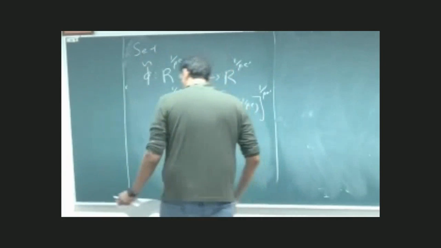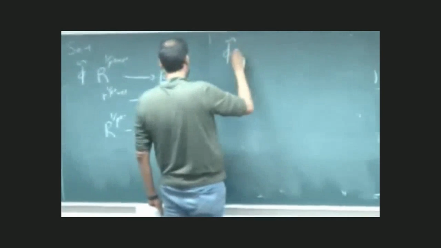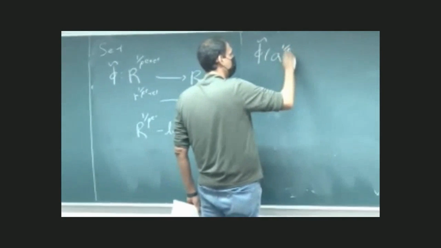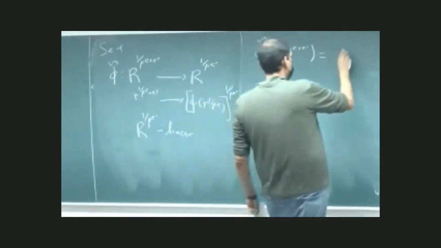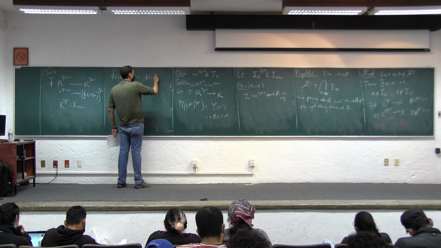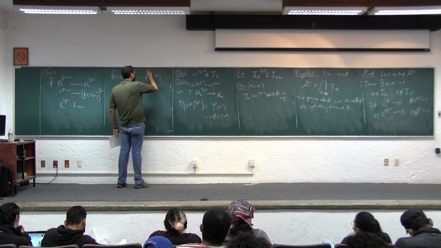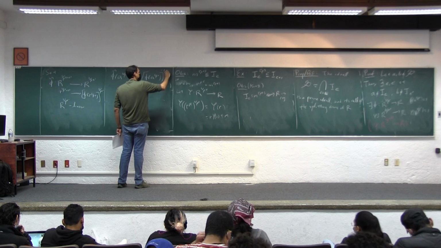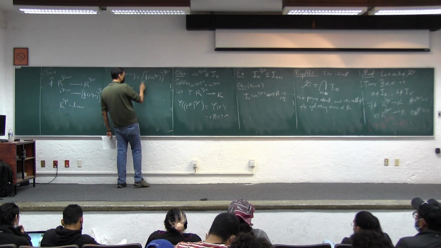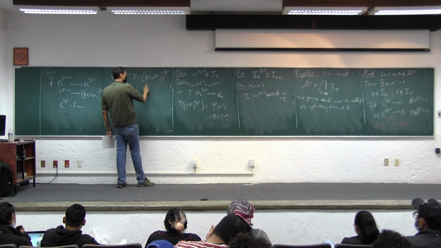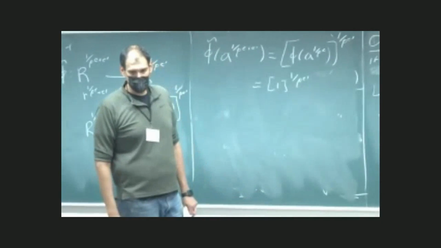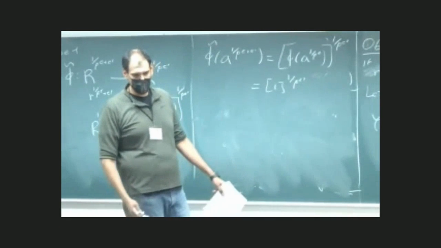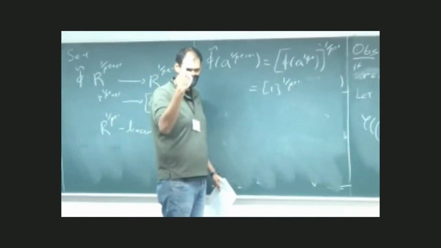Okay. So what does this map do? Phi tilde of A 1 over P to the E plus E prime, where does it go? Well, this goes to phi of A 1 over P to the E, 1 over P to the E prime, which is equal to 1 over P E prime. Because we're in prime characteristic, and the ring is secure, one has only one root, no?